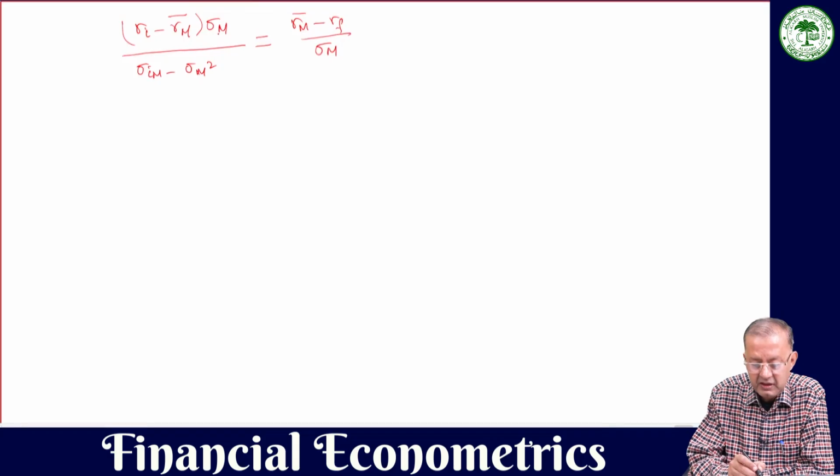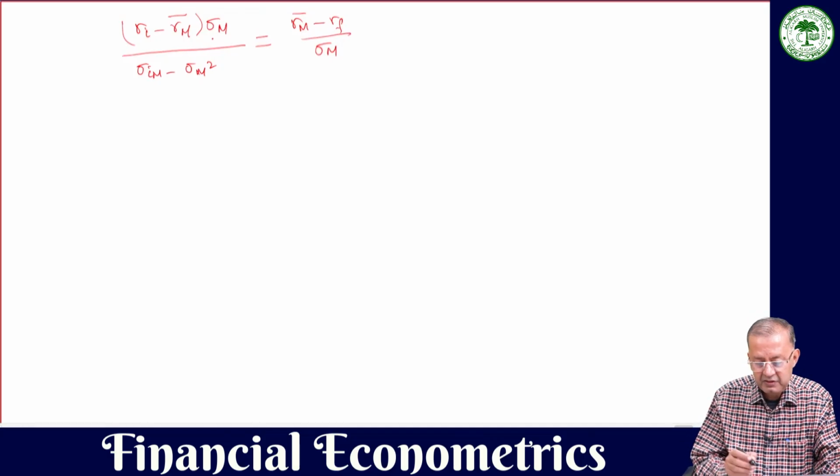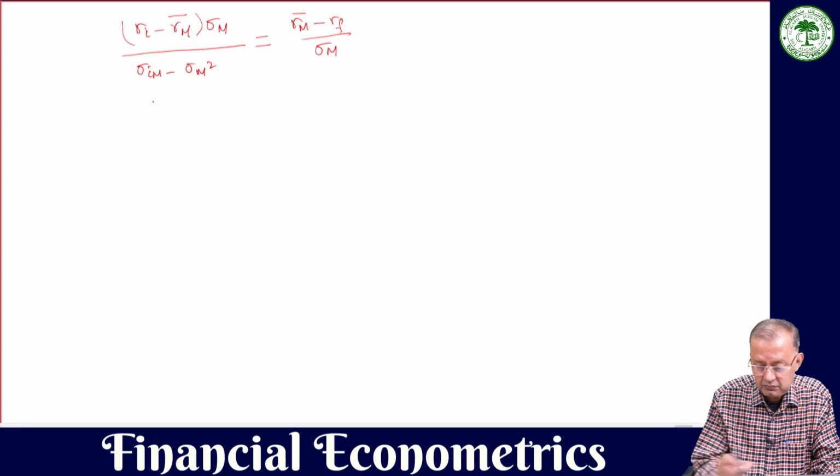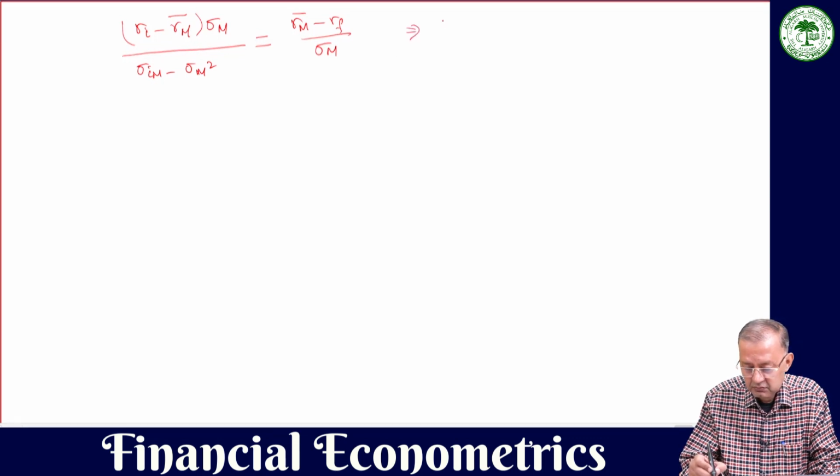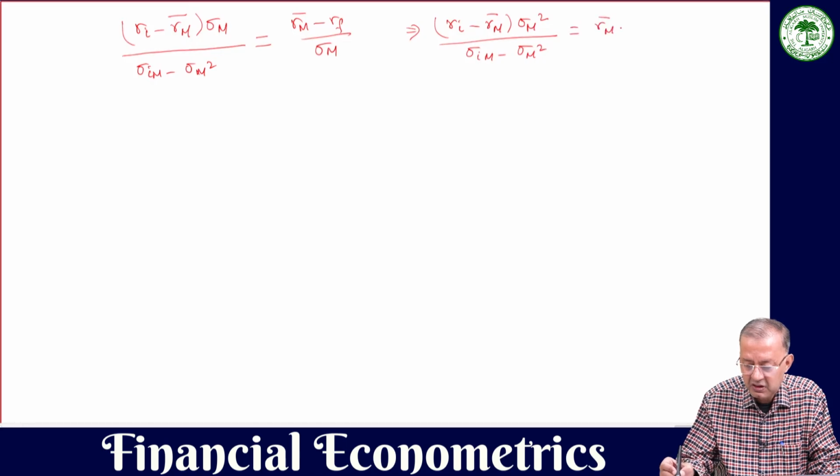We take this sigma m on this side and we are in a position to write down this: Ri bar minus Rm bar into sigma m square, divided by sigma im minus sigma m square, is equal to Rm bar minus Rf.